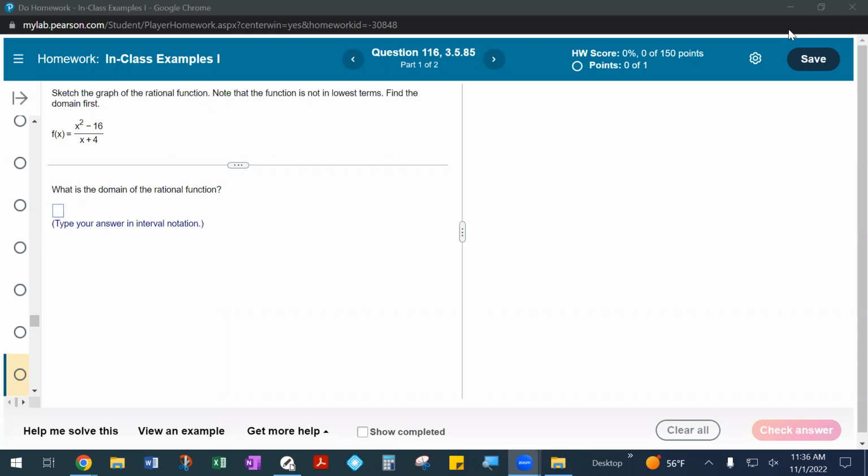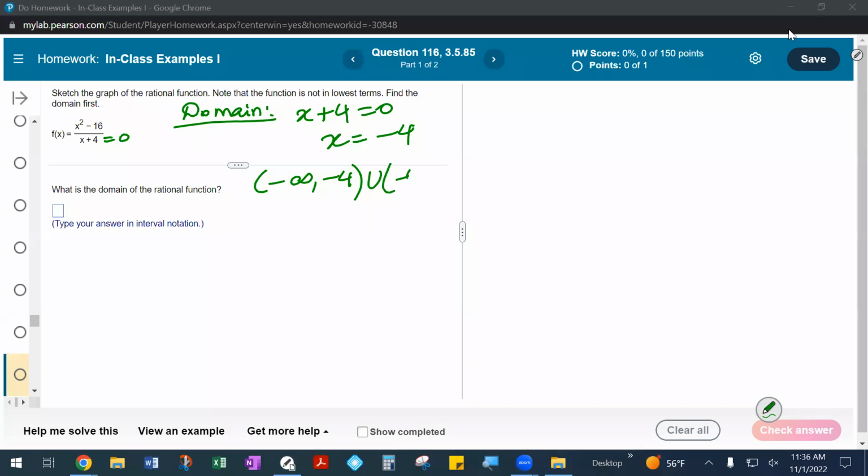Yeah, so you've got to use both sides, right? The only thing you cannot use is -4. Everything else we get to use. So just take the denominator, set it equal to 0, which of course ends up giving you x equals -4. So not using -4, but everything else is okay.